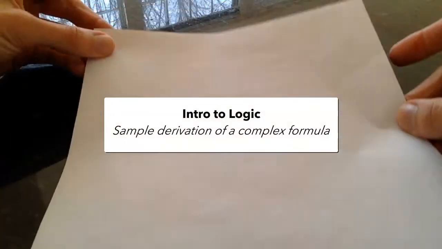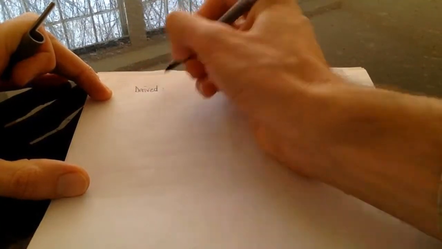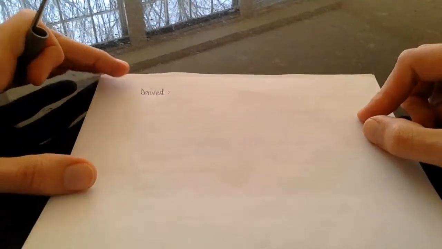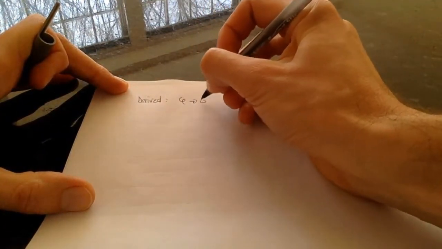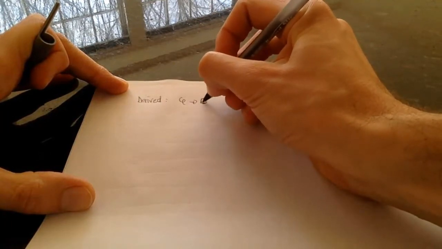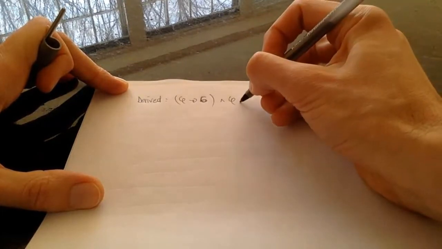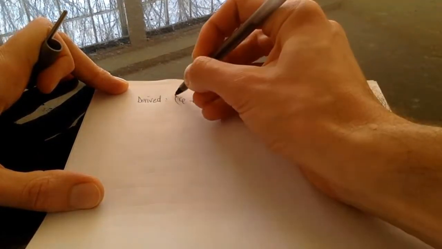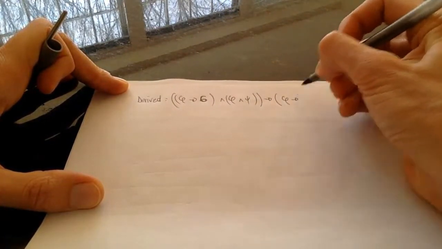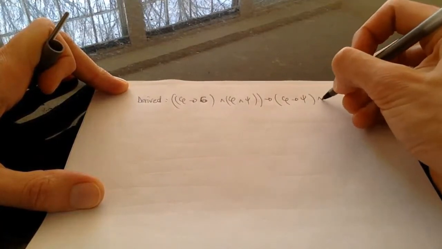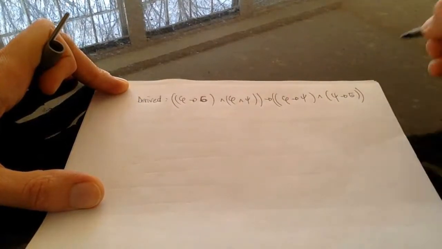So suppose you are asked to derive the following somewhat complex formula: phi implies sigma and phi and psi, all between parentheses, and then phi implies psi and psi implies phi, all between parentheses.